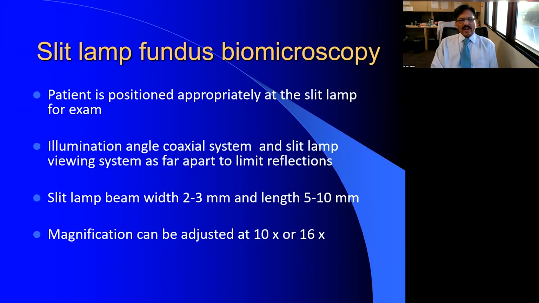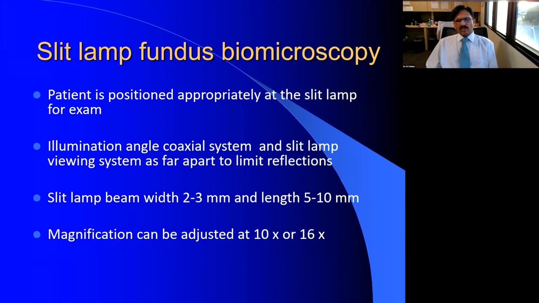Because if you do coaxial illumination, you may get the view, but the light comes back to you, and the examiner can easily get tired, especially during laser treatment. So try to dilate the pupil and try to keep the illumination angle very separate from the observation angle. The larger the angle, the more comfortable and the more area that you would see.